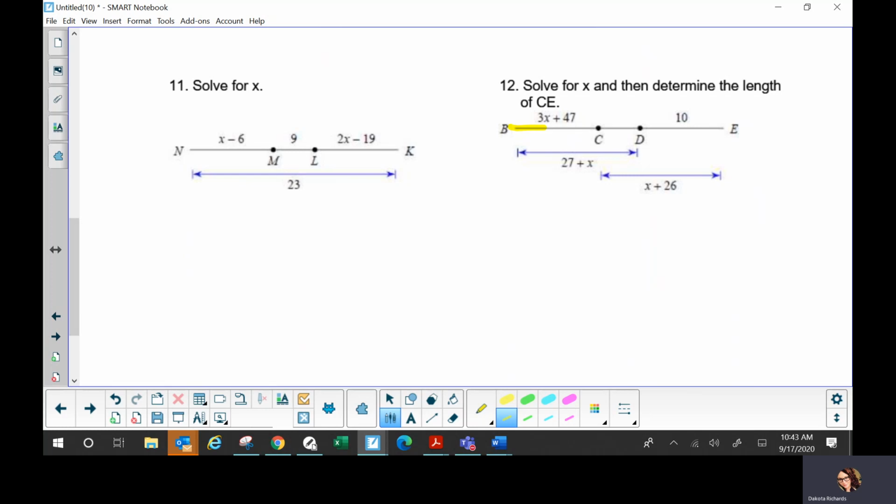Our first segment from B to C is 3x plus 47, plus this part down here, C to E, that makes up the whole line. And then this next part, from B to D, which is 27 plus x, plus D to E, that makes up the whole line. So you're going to set the 2 colors equal to each other.